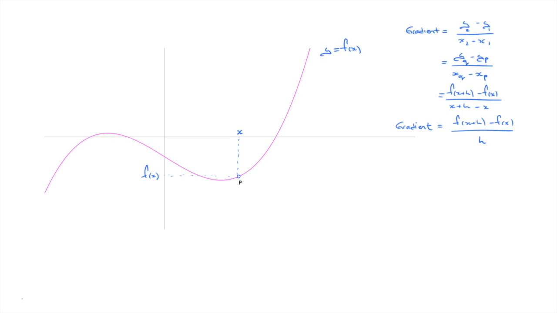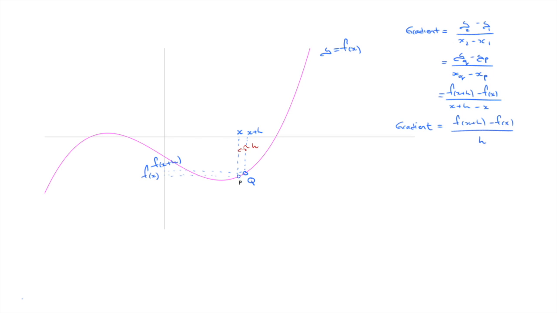Okay, so as a second approximation, let's take point Q here. So that's our new point Q, and therefore its horizontal coordinate will be x plus h. Remember, h is the horizontal distance between the 2 points, that's h, and its vertical coordinate will be f of x plus h.